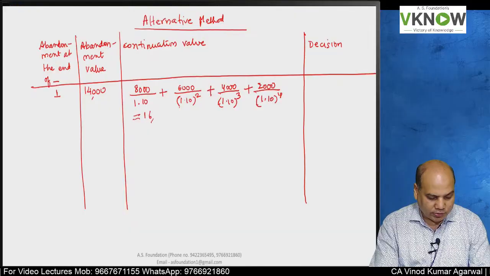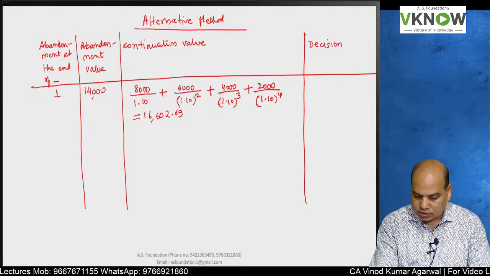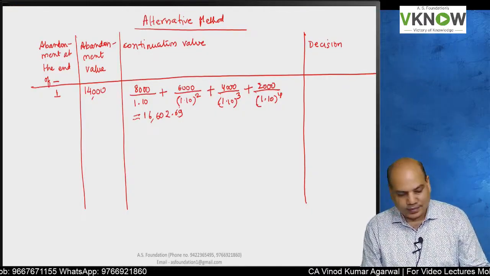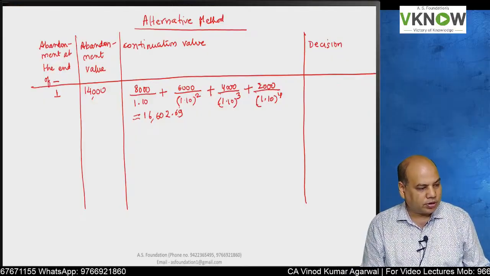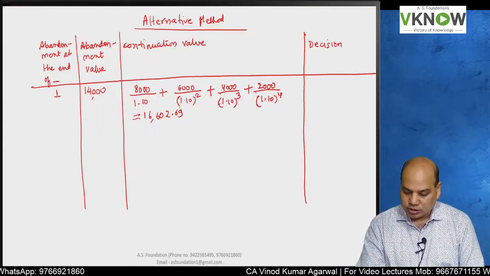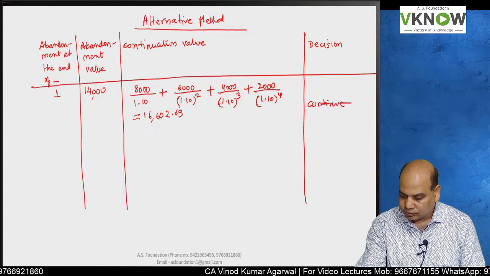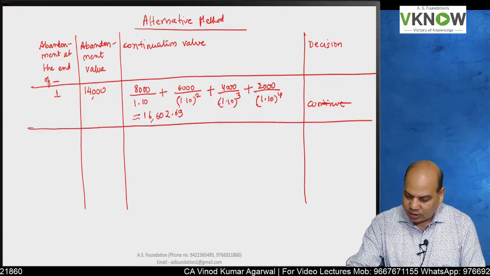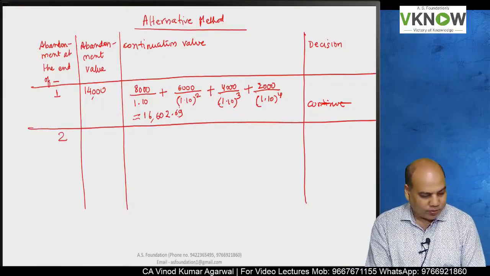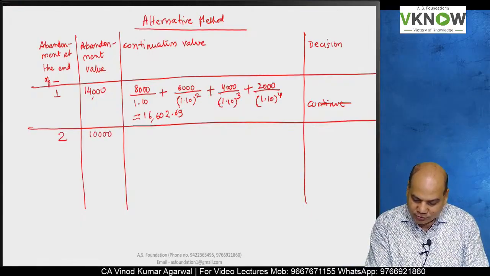So that is 16,602.69. Just check the calculation. This is more. So the decision is continue. Don't abandon at the end of year 1.